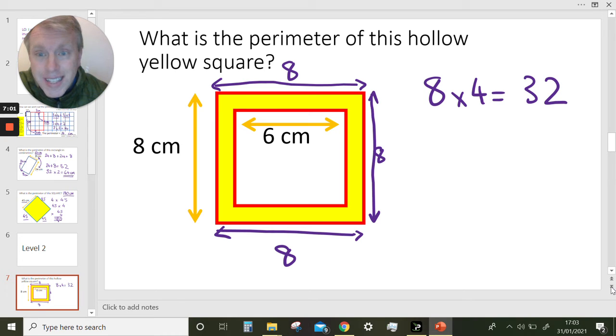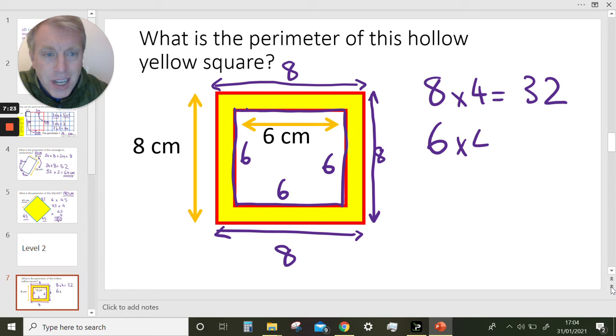On the inside edge, this is 6 centimetres across. So all the sides of the square are the same, meaning 6, 6 and 6, 4 sides of that square. Well, that's 6 times 4 is 24.